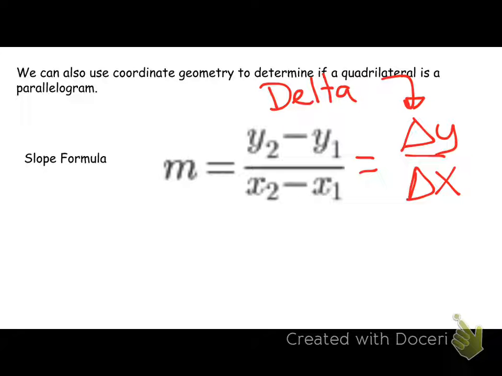Alpha, beta, gamma, delta. The triangle is the Greek letter delta. Delta in mathematics and science means change in. So some people will abbreviate the slope, when you get to more upper level mathematics, as delta y over delta x. Change in y to change in x.